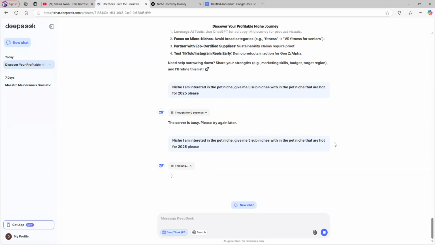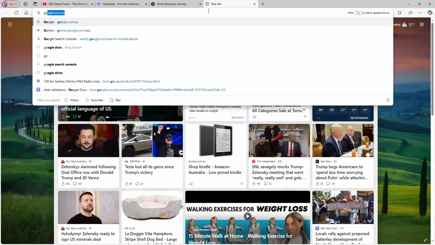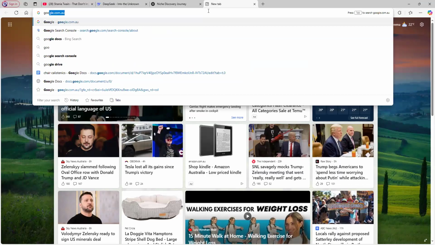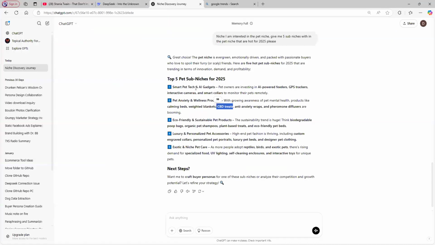But as you can see, this works very well, both Gemini, ChatGPT, and DeepSeek. Now, Gemini used to have access to Google Trends, and now it's throwing a hissy fit that it doesn't. So what you can literally do, while this is doing its thing, let's go to Google Trends and grab one of these niches.